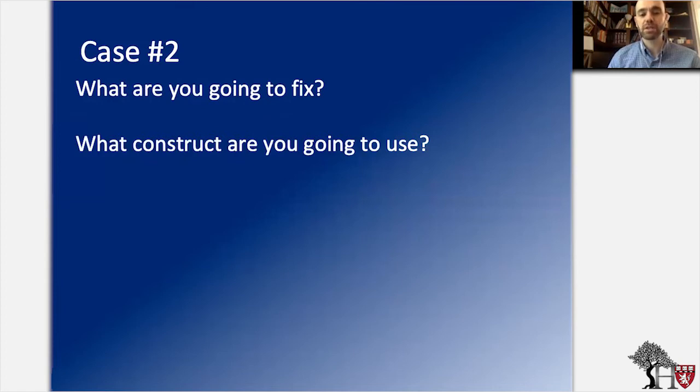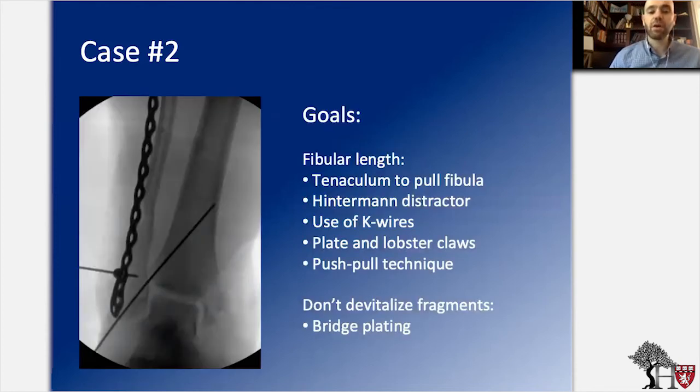And what I mean by that is, remember that her fibula was pretty comminuted. And so when you think about goals, we often fix the fibula first, not invariably so, but often, as we need to get fibular length. In her case, I knew ahead of time that she was very comminuted at the fibula.